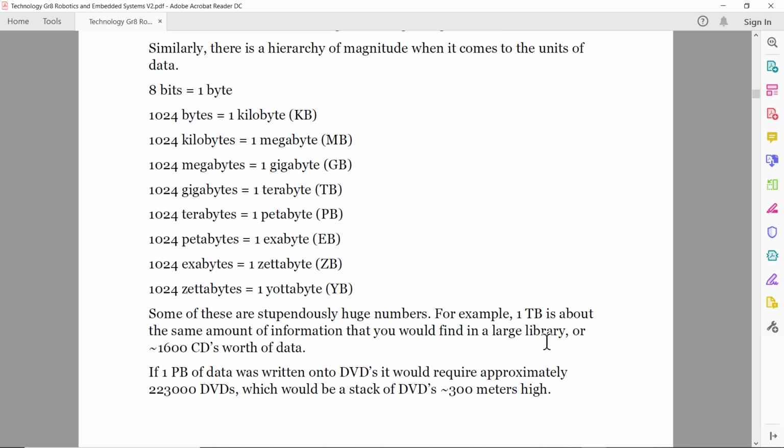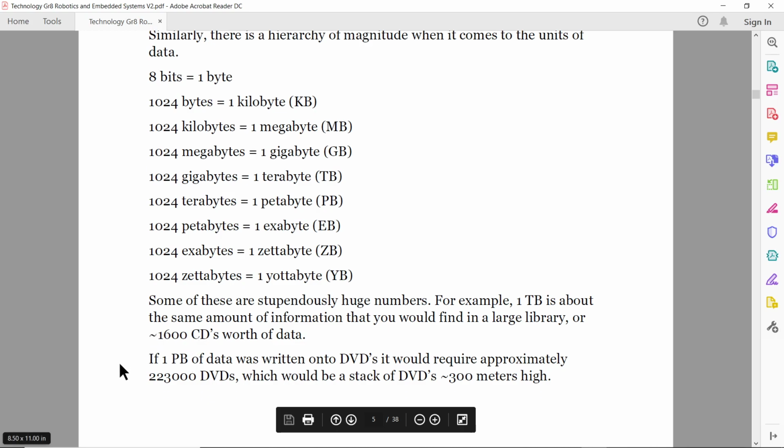Okay, so here's some examples for you. It says 1 terabyte is about the same amount of information that you would find in a large library, or 1,600 CDs worth of data. Or if you took 1 petabyte of data and you wrote it onto DVDs, it would require approximately 223,000 DVDs, which would be a stack of DVDs 300 meters high. That's 3 rugby fields high.